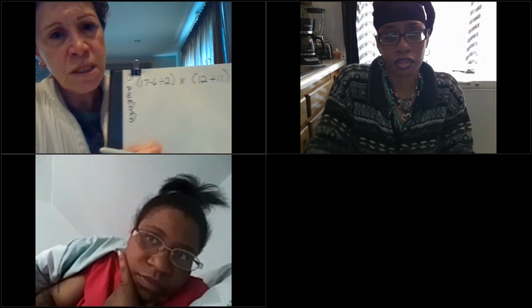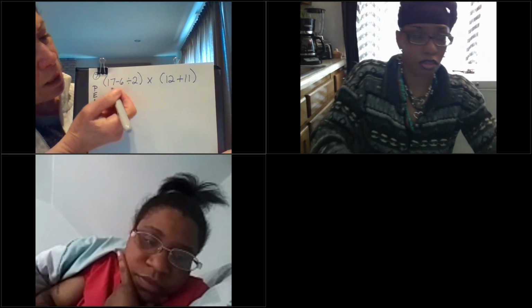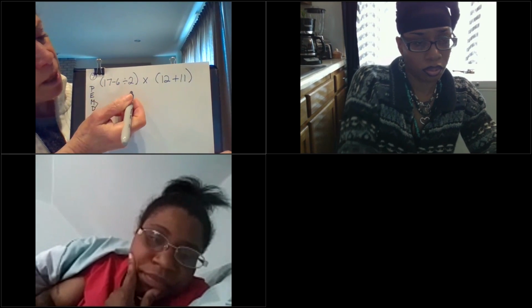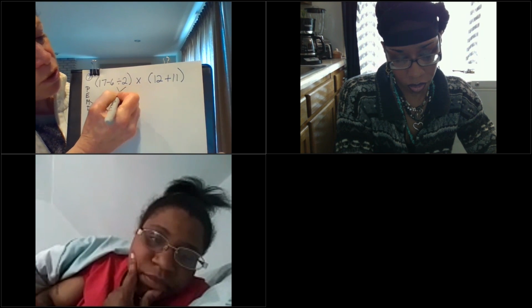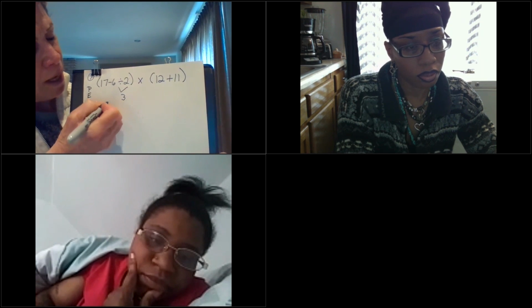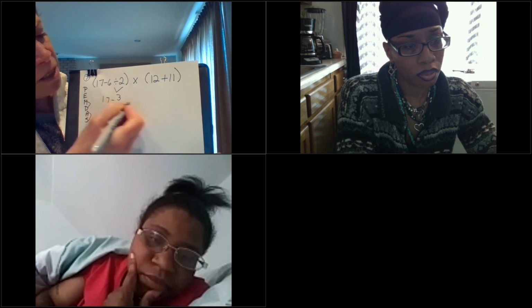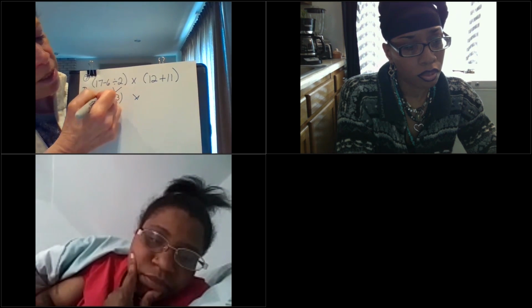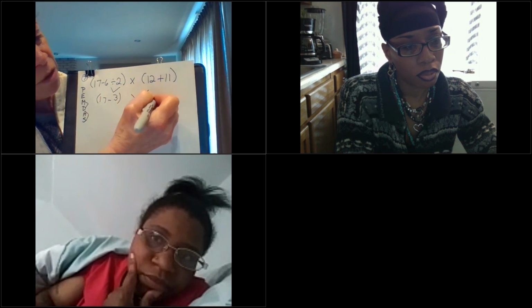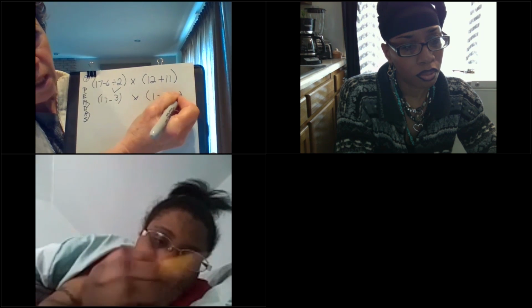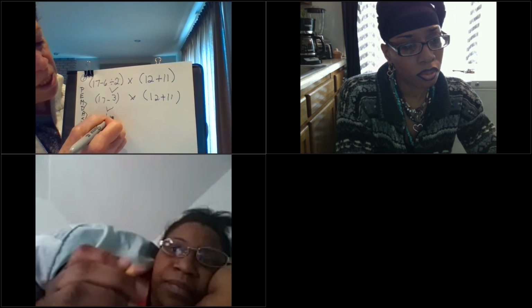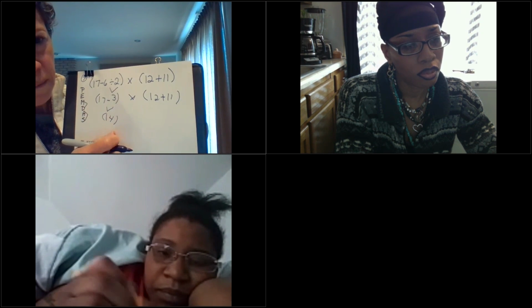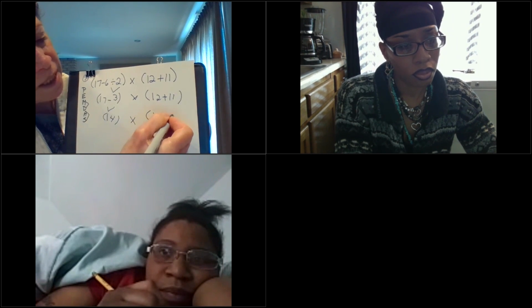Okay, let's take a look and see where something happened. So 17 minus 6 divided by 2 is the first parenthesis. So I've got to do this first. Okay, and I have 17 minus 3, still in parentheses, times 12 plus 11. Okay, first parenthesis, this is going to be 14, times 12 plus 11.